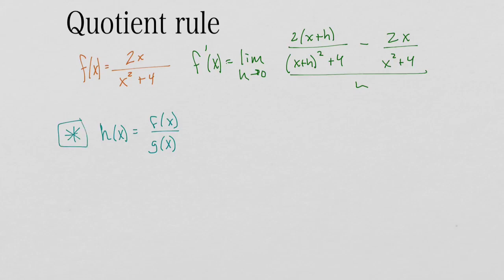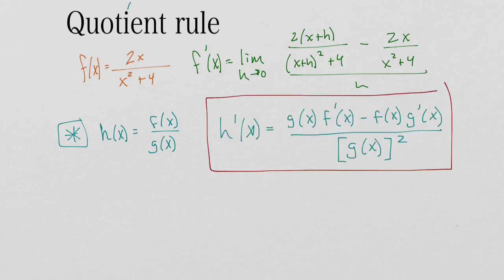So here's what the quotient rule says. If you have some function called h of x, which is defined as the ratio of two other functions, f of x divided by g of x, h prime of x, the derivative, will equal this. Now this looks kind of crazy, and it is a little crazy.